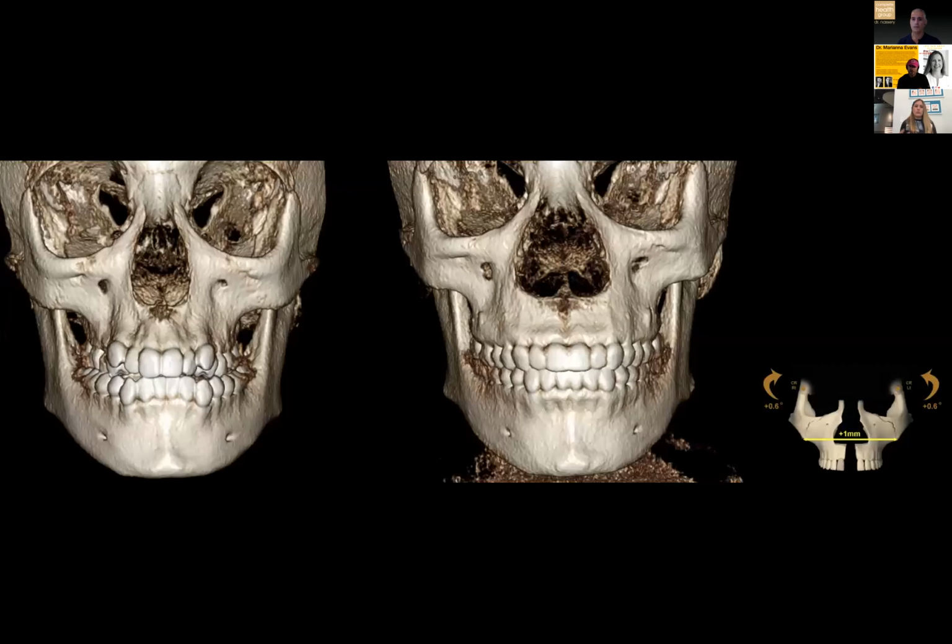So this is the change that you can achieve. You can stretch the midfacial structures to the point where the teeth are going to be maintained within the bone. The nasal cavity will be stretched as well.